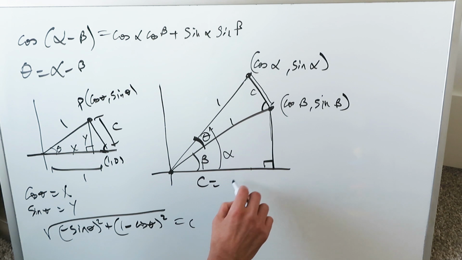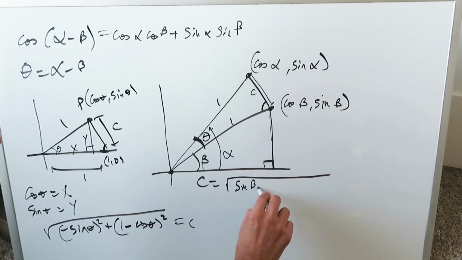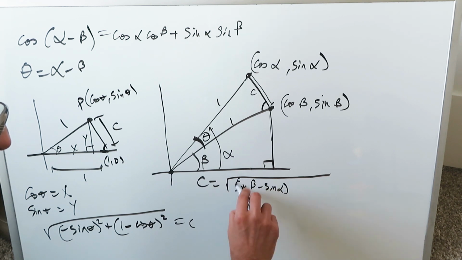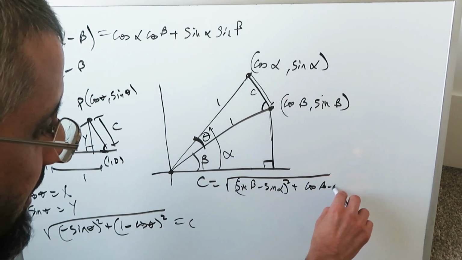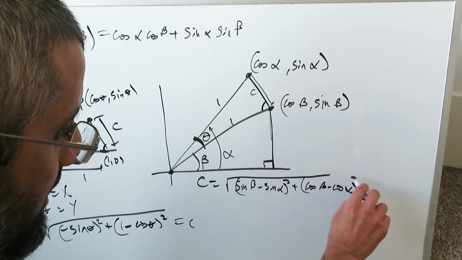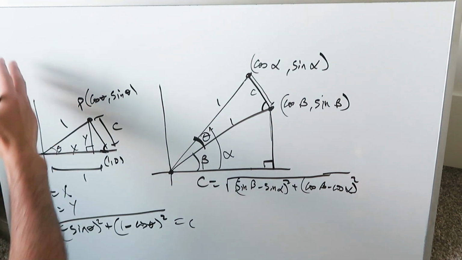Here, C is equal to the square root of sine beta minus sine alpha whole square, plus cosine beta minus cosine alpha whole square. This equals C, this equals C, they both equal each other. Then you solve and simplify using both of these expressions equaling one another. We'll finish everything up over here.